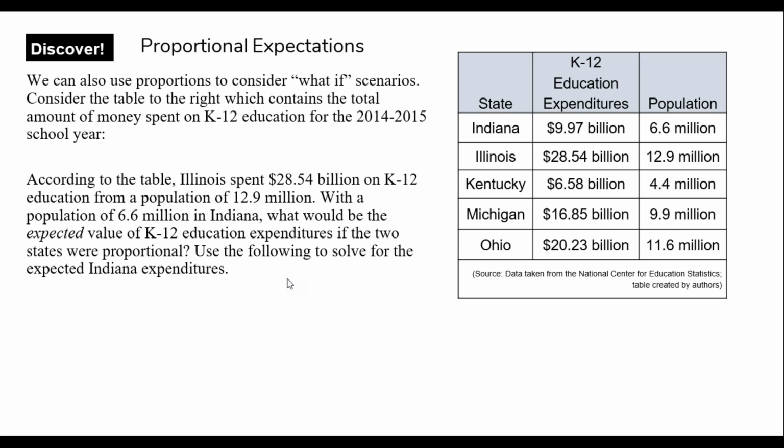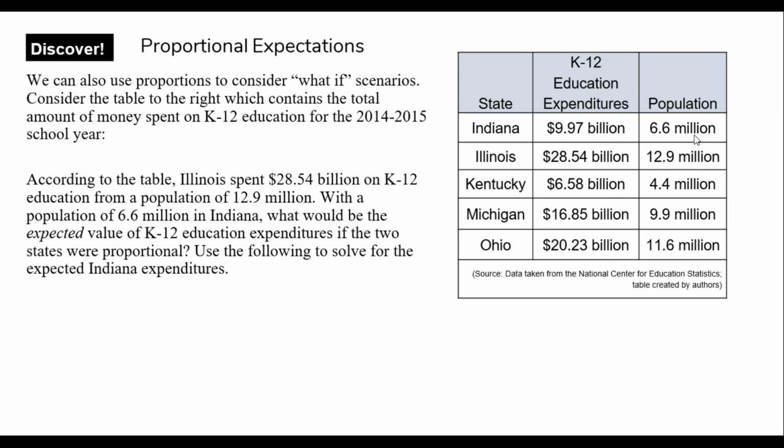I've got the Midwest states here of Indiana, Illinois, Kentucky, Michigan, and Ohio. Now, if we're looking at the K through 12 education, so that's basically elementary, middle school, and high school. So this is the education expenditures by each of those states. And then here is the state population. All right, so we can take a look at that.